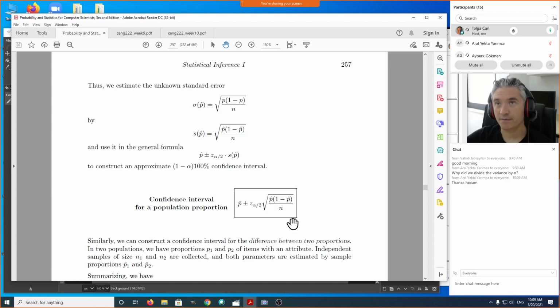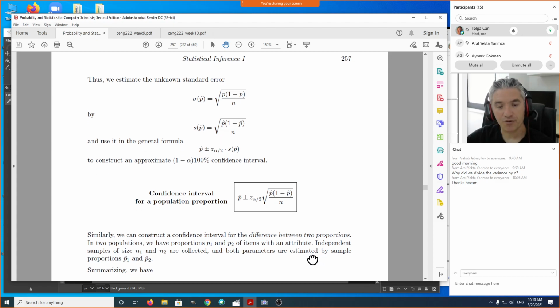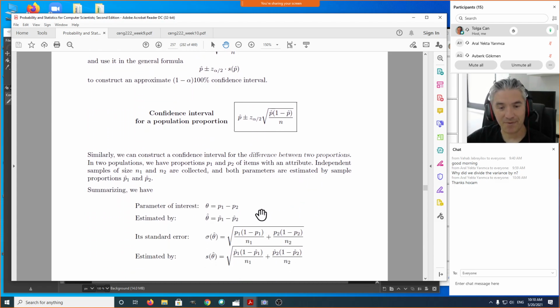If you want to construct the confidence interval for the difference between the votes, the percentages, these two political parties get, anything about the percentage of the population is a proportion. You can do the same thing. Your estimate is the difference between these two proportions.